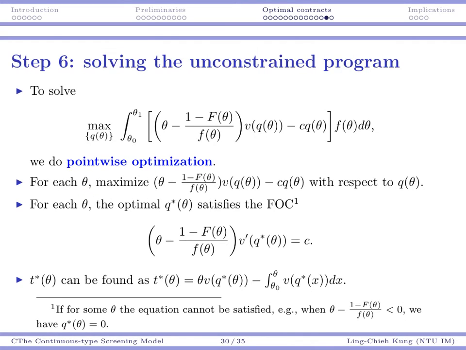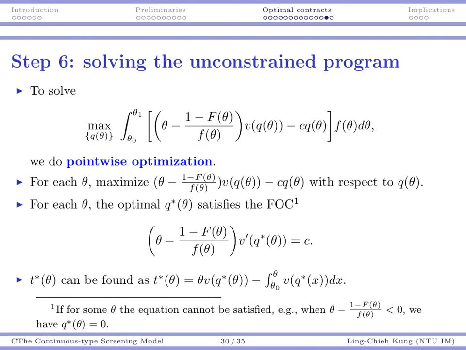For each theta, I want to focus on just the integral. I don't really care about small f, because it has nothing to do with my q. Okay, and I also don't need to care about the integral. So I only focus on the integrand. And now q of theta is my decision variable.